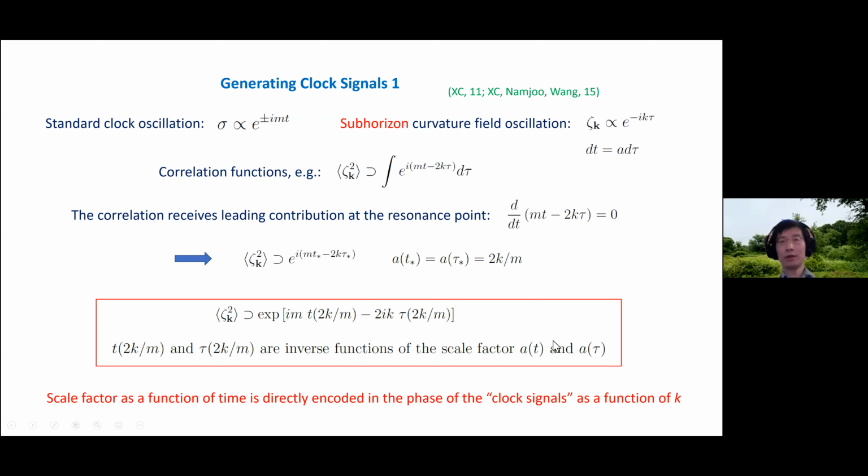So they are inverse functions of a of t and a of tau. Of course, a of t and a of tau are related by simple relations. So we can see the scale factor gets imprinted. The scale factor as a function of time gets directly imprinted in a phase factor here as a function of k. So that's why I say the resonance here determines the generation of a signal, as in the previous slides.